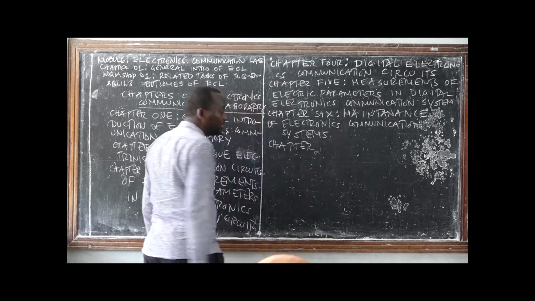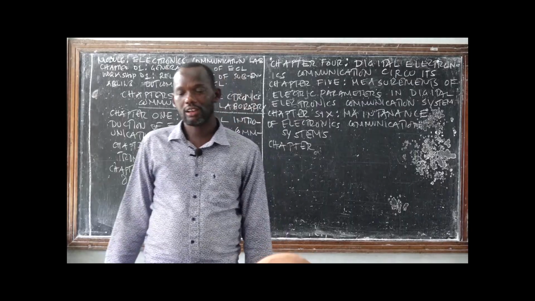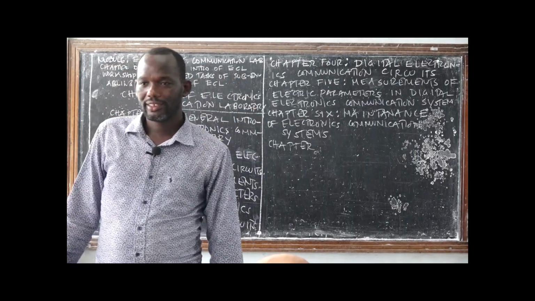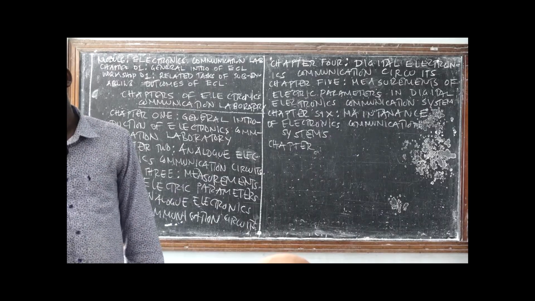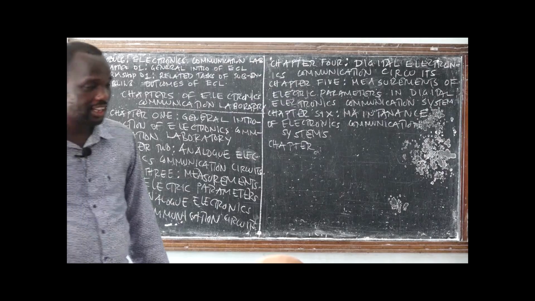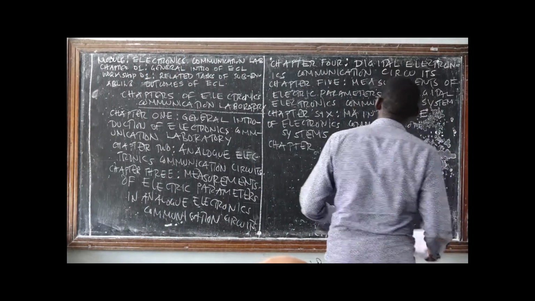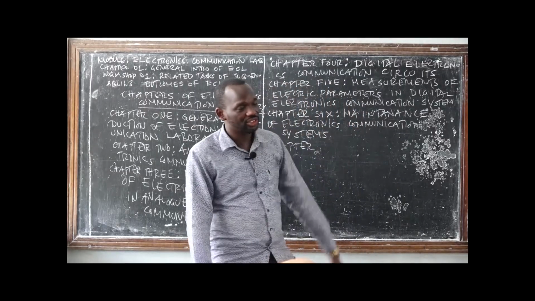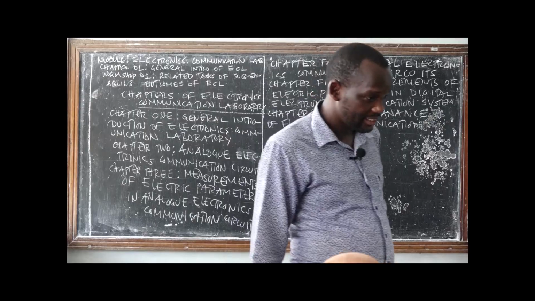So this relates to which sub-enabling outcome? Chapter 6 relates to which sub-enabling outcome?